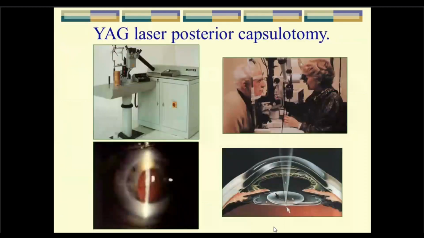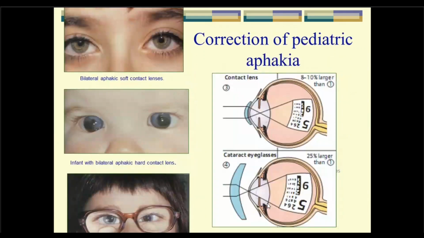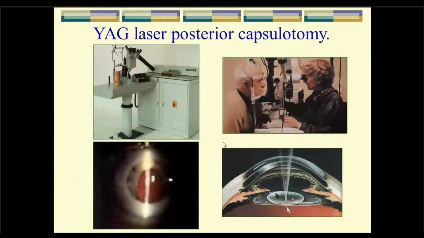Then we remove the lens, then wash the lens sac, and then implant a special intraocular lens.